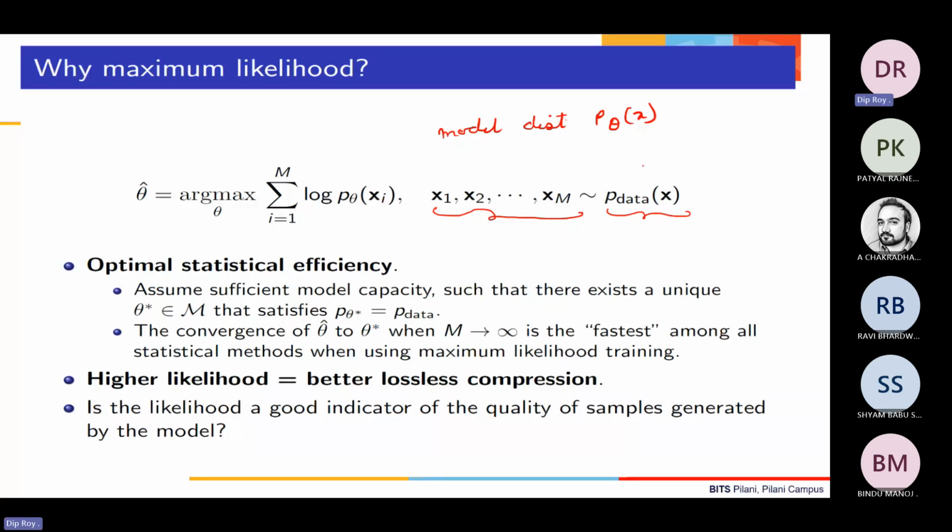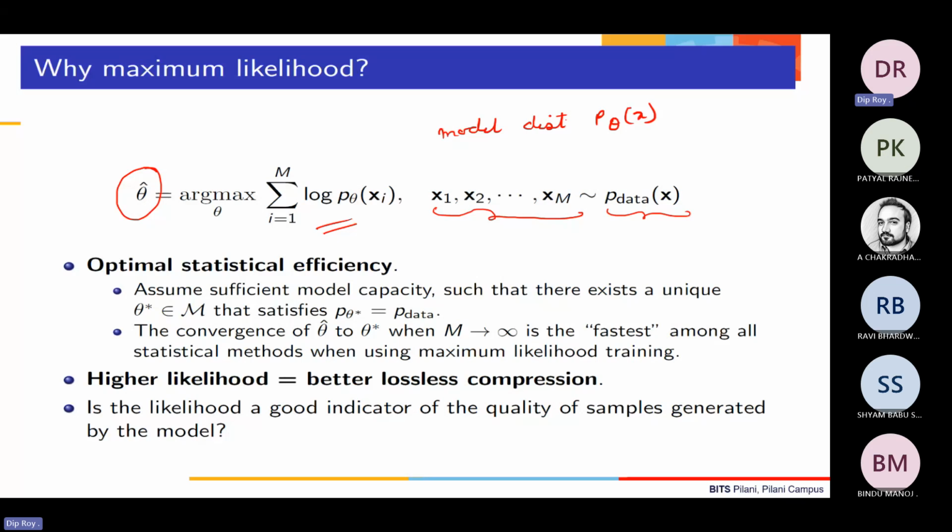What we would do is choose theta hat, theta optimum, such that the model assigns maximum probability to the observed data. This is nothing but your log likelihood, that is, maximum log likelihood or maximum likelihood.